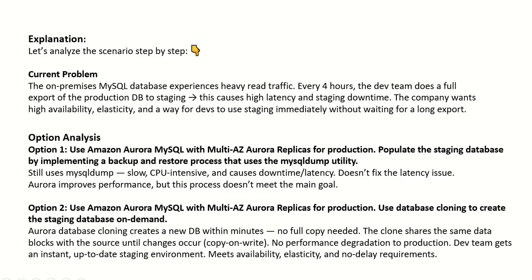No full copy is needed. The clone shares the same data blocks with the source until changes are made. This is actually copy on write. So there is no performance degradation to production, and the dev team gets the instance immediately, with the staging environment up to date. This also meets the availability and no-delay requirements. So this is the best solution.